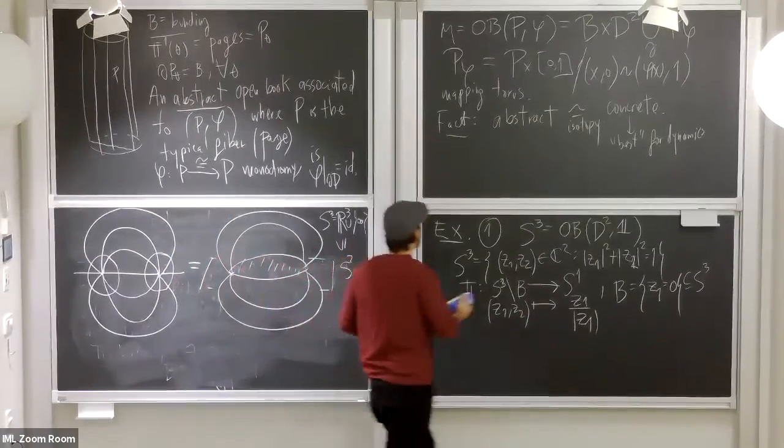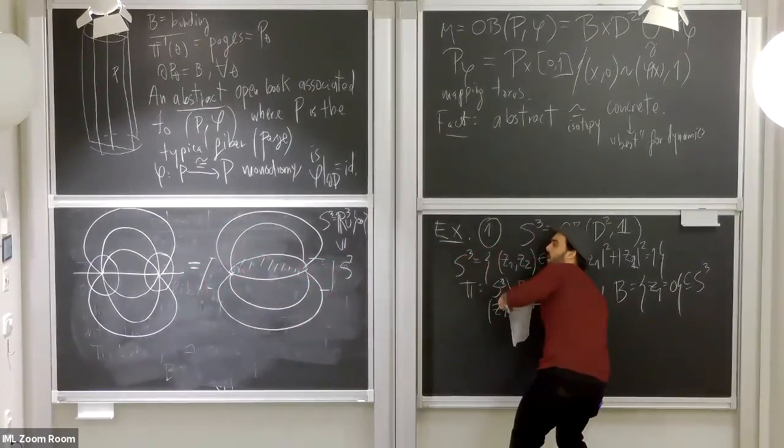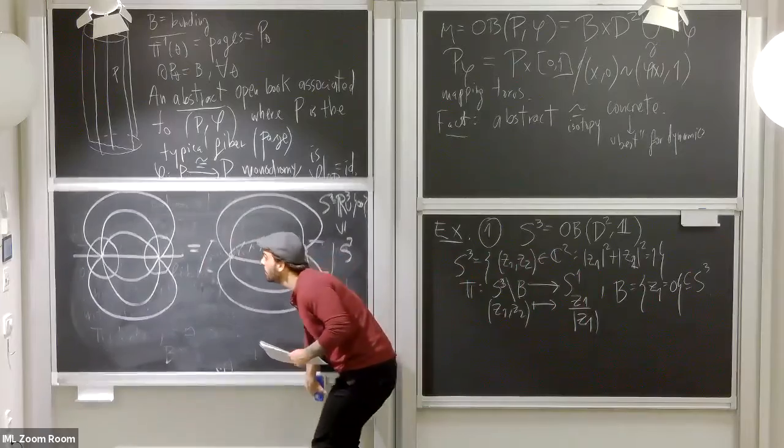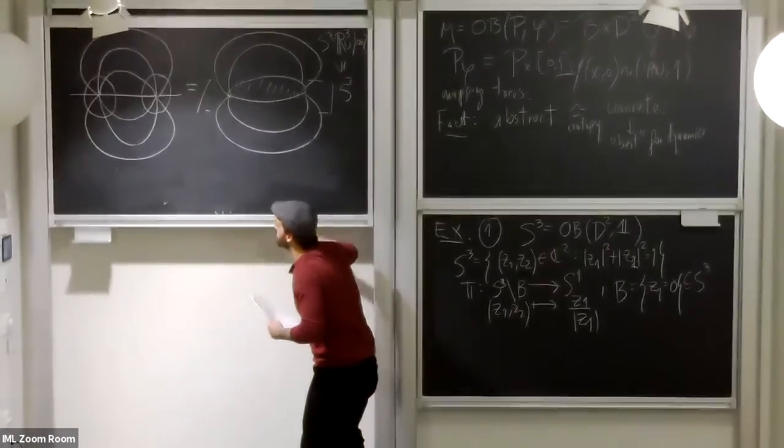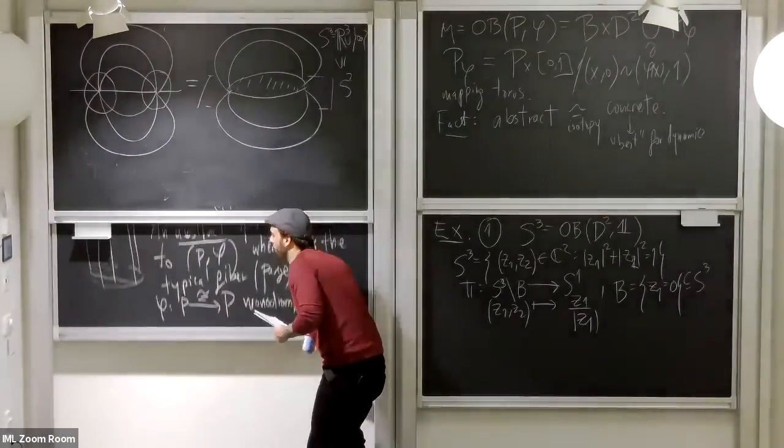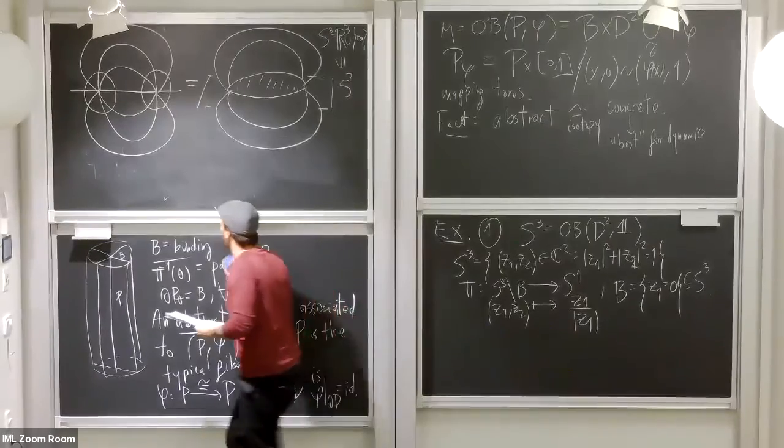Another way to think about the trivial open book is that it can be obtained by gluing two solid tori along the boundary, foliated in a suitable way, as follows.